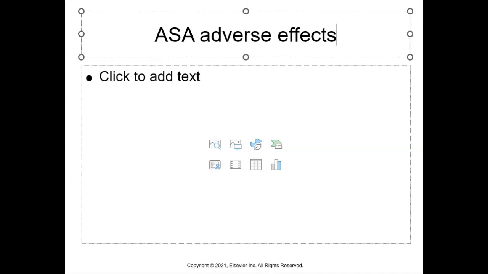So the summary of that is that it should be used with extreme caution in pregnancy and in children who have chickenpox or the flu. You also have to be worried about it when they're at high risk for bleeding. Aspirin's most important drug-to-drug interaction to worry about with this drug is other anticoagulants.